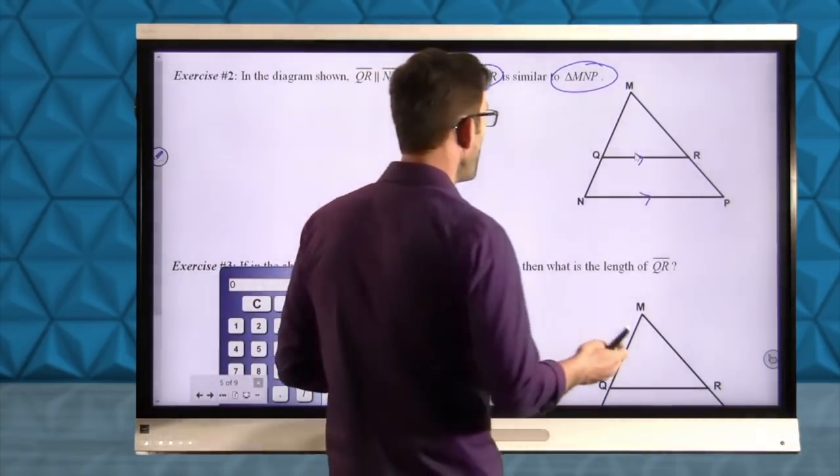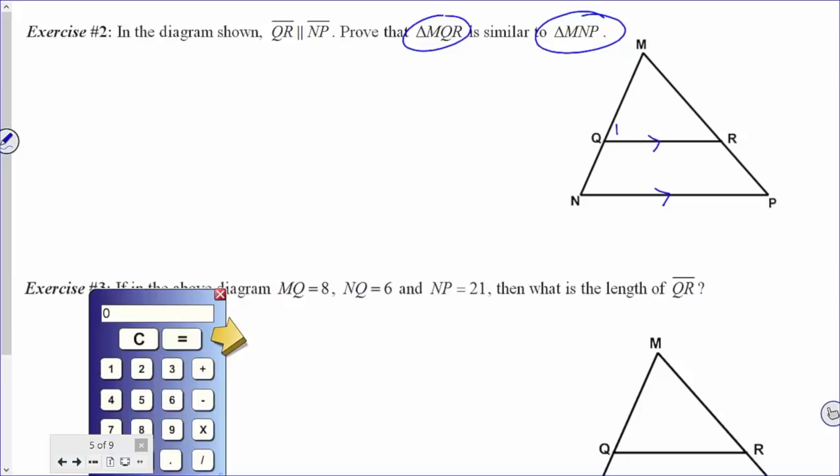So, for instance, one thing I could do is I could label these angles 1, 2, and these angles 3, 4. Okay? And I could say that angle 1 is congruent to angle 2, and angle 3 is congruent to angle 4. Now, why can I say that 1 is congruent to 2 and 3 is congruent to 4?